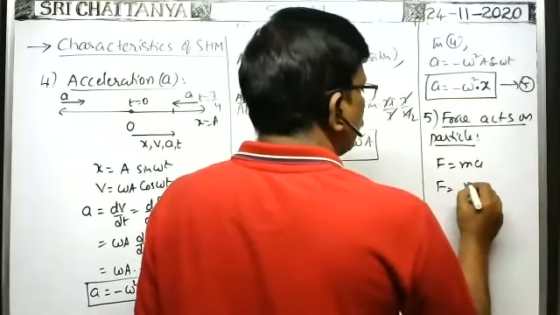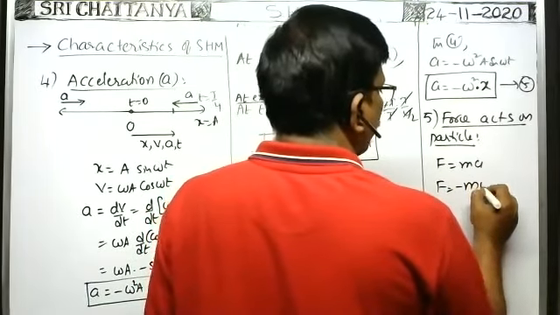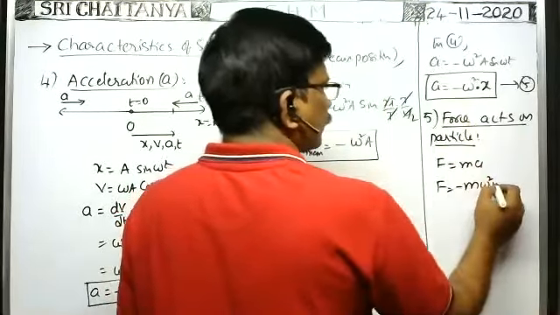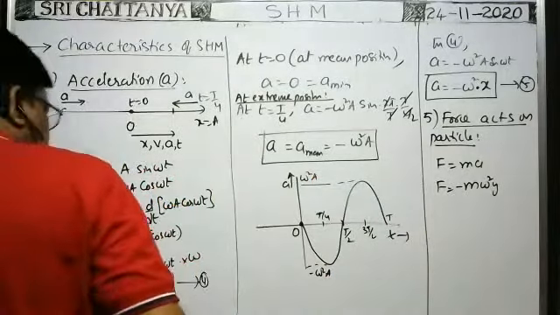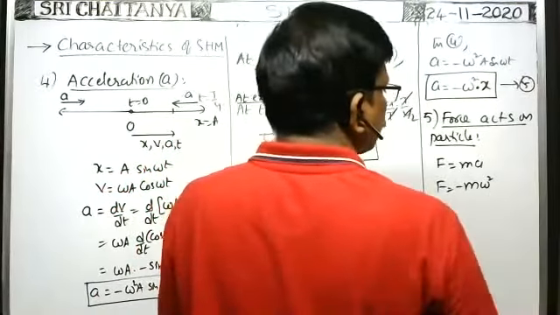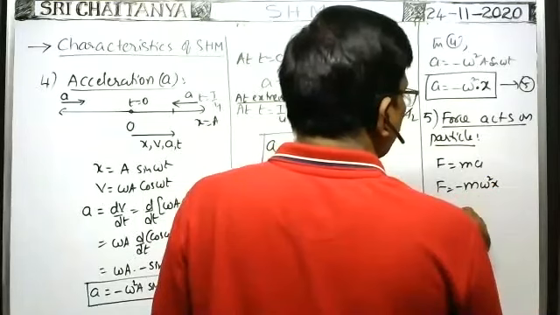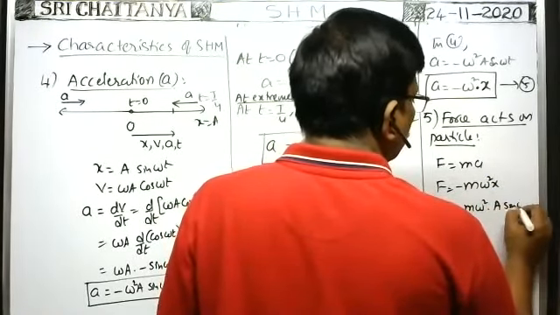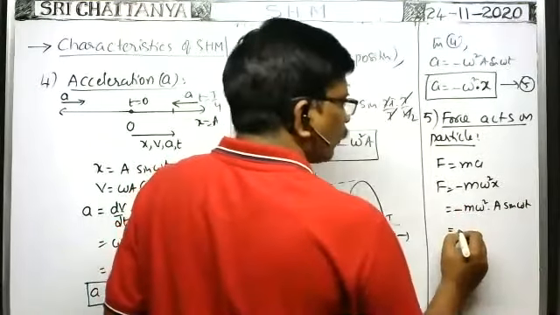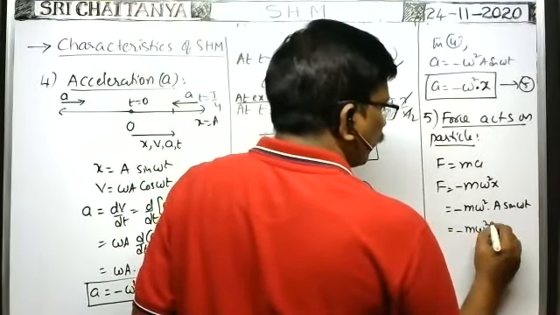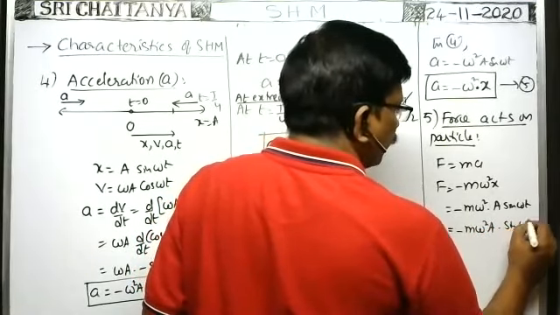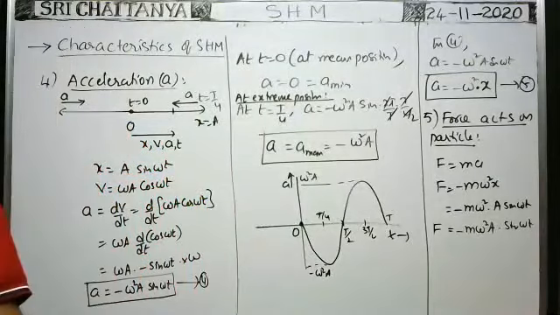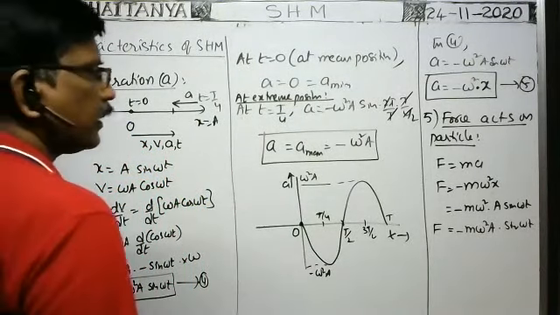F is equal to m into a, which means minus m omega square x, because a is equal to minus omega square x, or minus m omega square into x, where x is equal to A sin omega t. Therefore, F is equal to minus m omega square A sin omega t. This is the force acting on the particle, which varies with time.